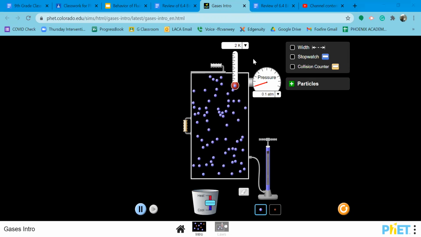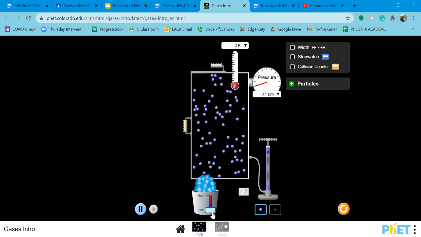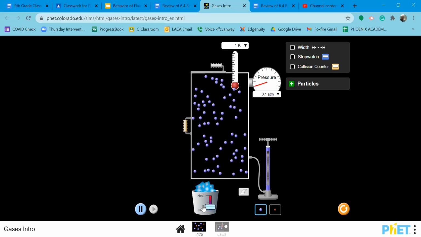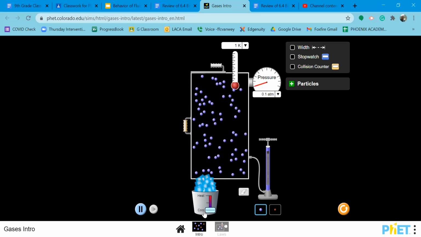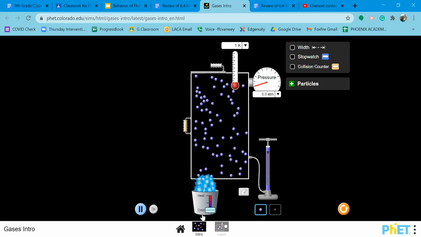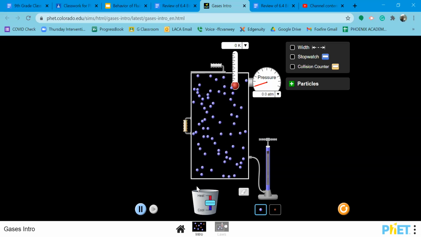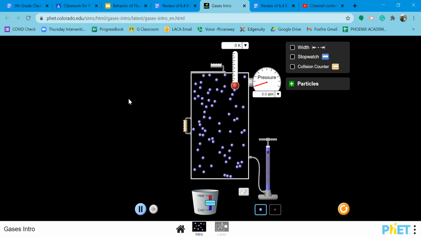To cool it way down here. We can see that the particles have almost stopped. If this were an ideal material, we would see that they would align themselves and make crystals, right? And we would have a solid here.